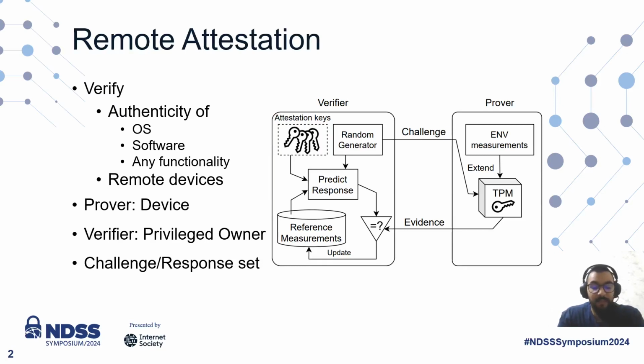Usually, the device acts as the prover, while the verifier is the privileged owner of the device, who has also some accesses to some certain knowledge about the device, such as peer-shared keys or some reference measurements. The protocol is interactive, of course, and the verifier sends some challenges and expects the correct responses from the device.